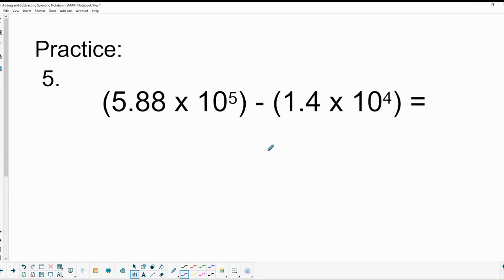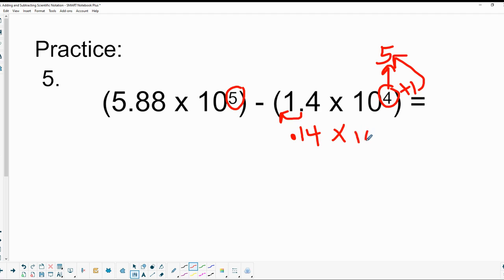On this particular subtraction, the exponents again are not the same. We've got 5 and 4. So we want the 4 to bump up to be a 5. In order to do that, we've got to add 1 to it. To add 1 to that exponent, we have to move the decimal 1 place to the left, which will give us a 0.14 times 10 to the 5th power over here on the right side.